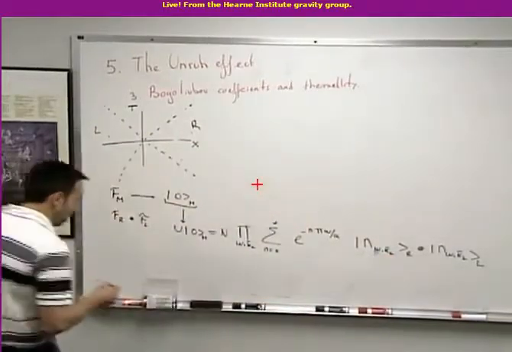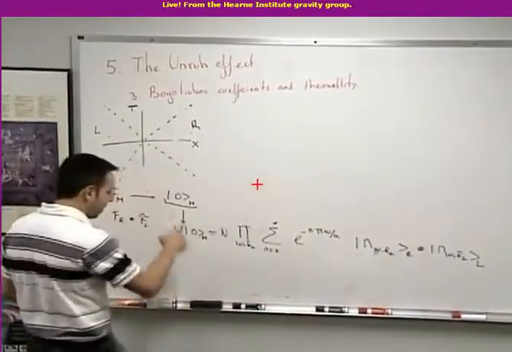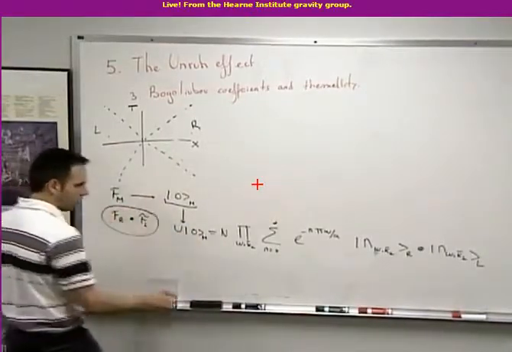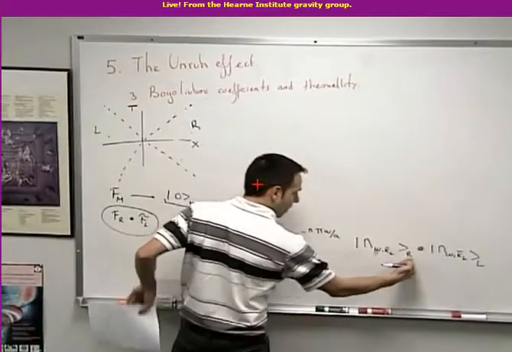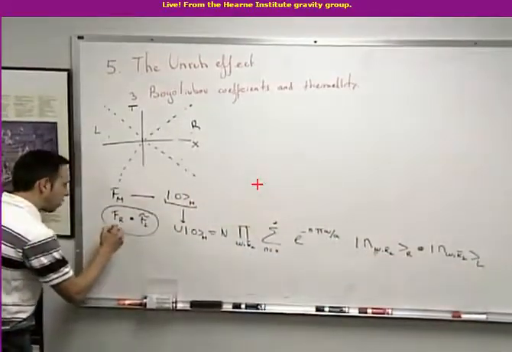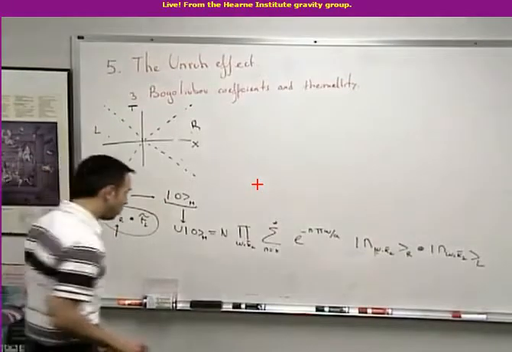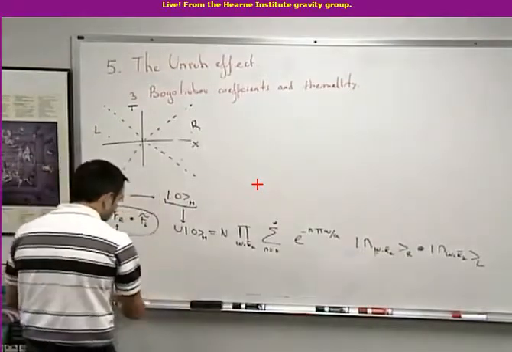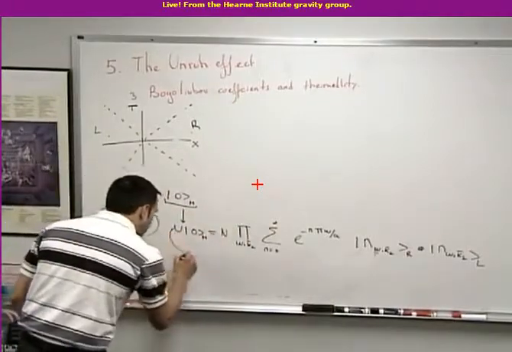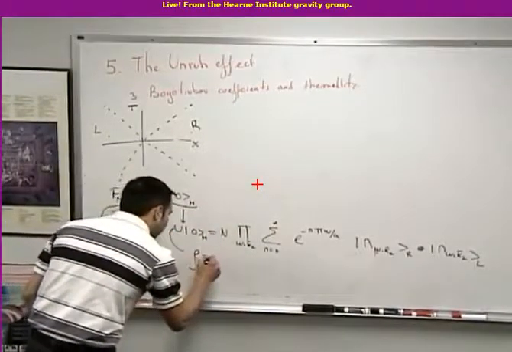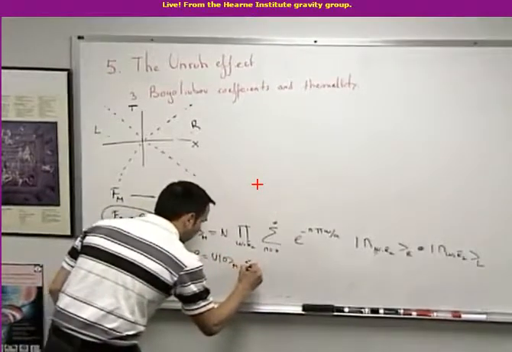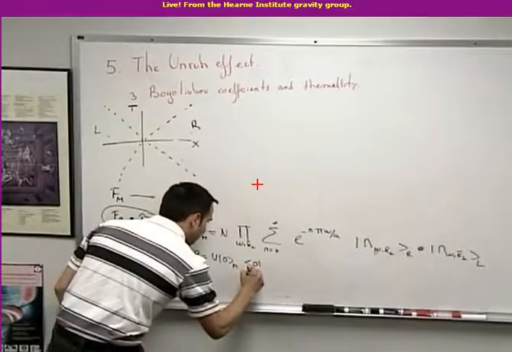The next step was to take this state, which is a state in the tensor product space, so it has some parts from the right and some parts from the left, and project it on the right part. The way of doing that, with standard techniques in quantum mechanics, not even quantum field theory, is to build a density matrix from this guy, which is a pure state, but we can build a density matrix from it.